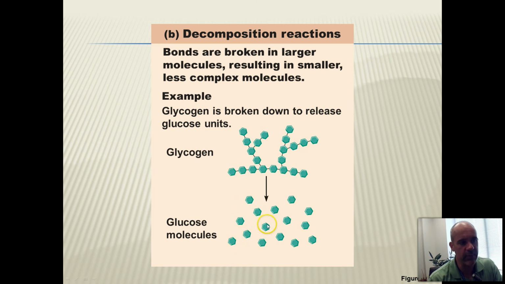So we said glucose was a type of sugar molecule. So glycogen is a bunch of glucose molecules covalently bonded together. So if you break these bonds between the individual glucoses, you wind up with individual glucoses as your product. So this would be your reactant, and over here all these glucose molecules are your products. This is a decomposition reaction. You've taken something that's a larger molecule and you've broken it down into smaller pieces.